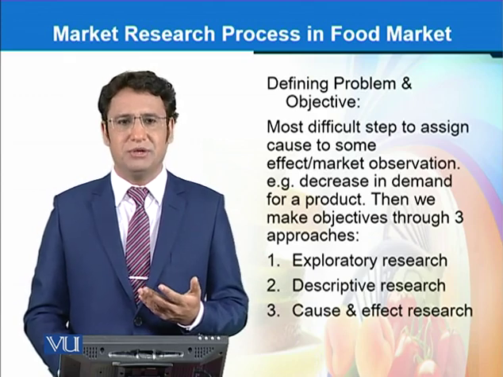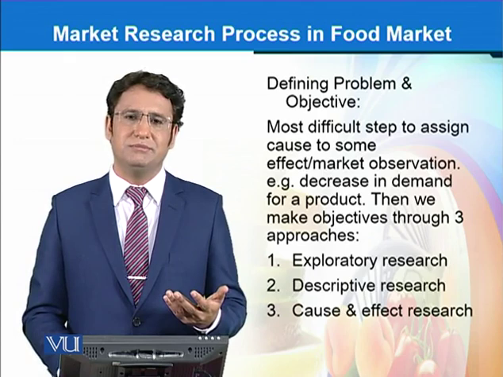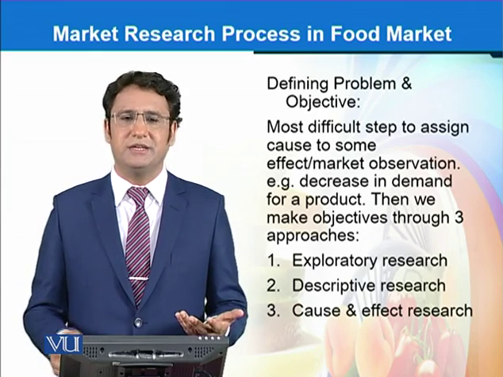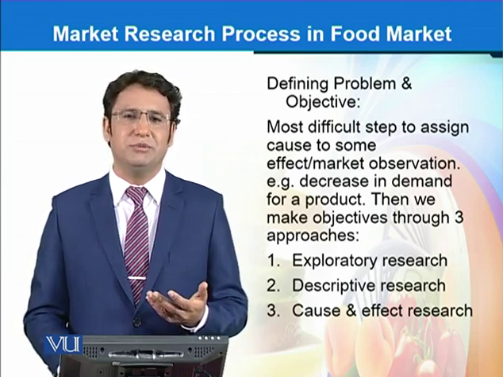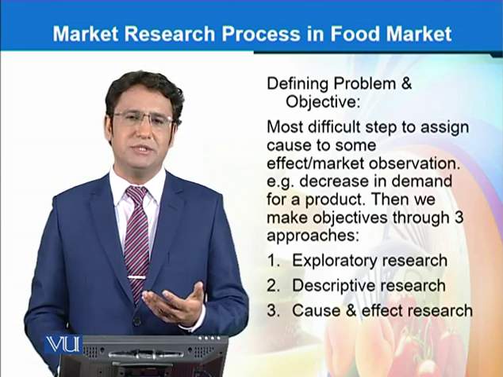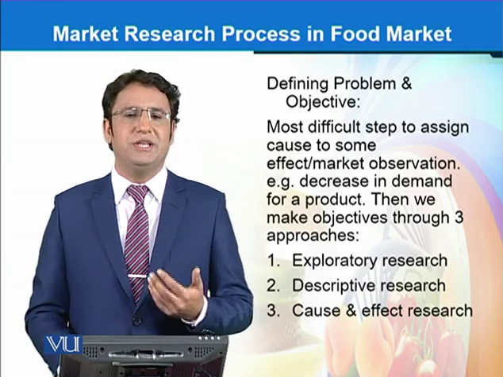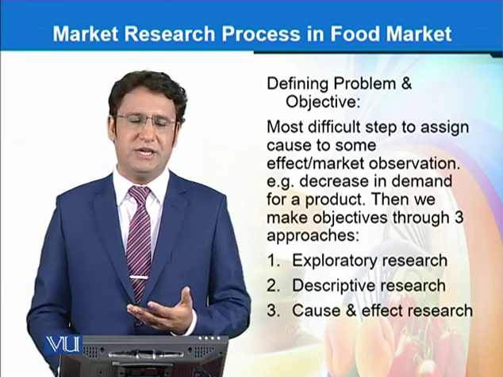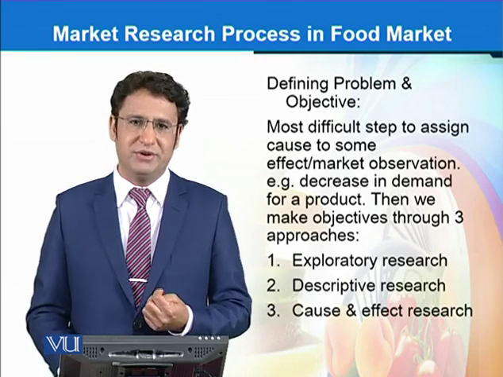For example, if you observe that your market share is going down, it could have multiple causes. Unlike scientific research, in social research there are so many uncontrollable variables, and our understanding of these variables and their effect on market share might not be a very easy task. That's why I said this is the very first step, but also a very difficult step.